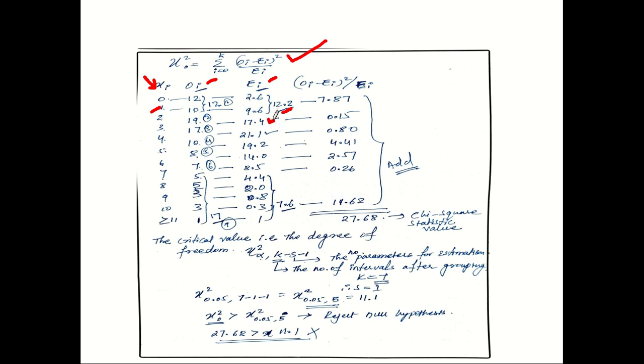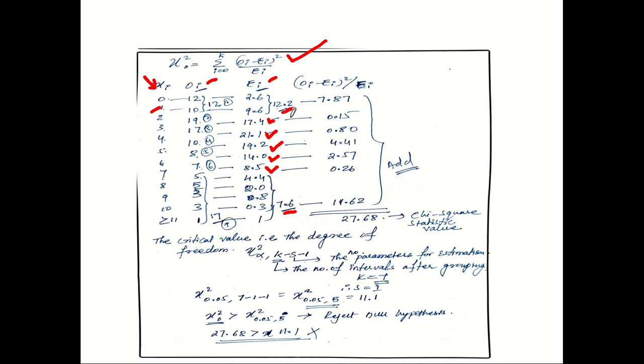The third expected value is above 5, so no need to combine. This is also not less than 5, this is also not less than 5, this is also not less than 5. Coming to the eighth one, 4.4 is less than 5, so combine and group all these values, and we get 7.6.